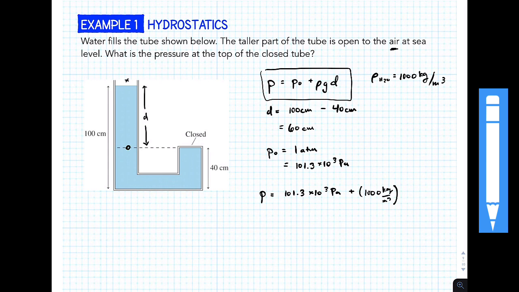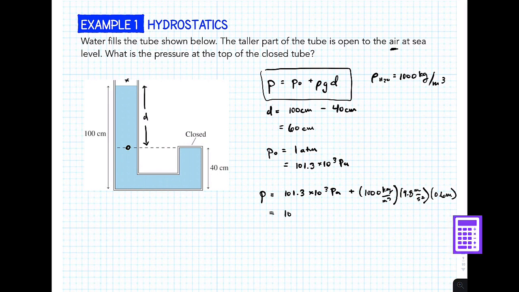G is 9.8 meters per second squared, as it usually is. And our depth is 0.6 meters because it's 60 centimeters. So when you plug all that in, you end up with 107.2 times 10 to the third pascals, or 107.2 kilopascals.